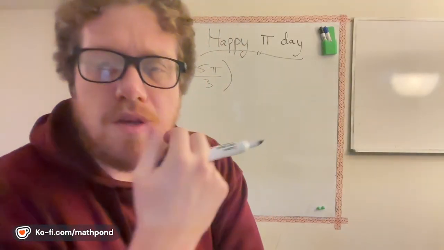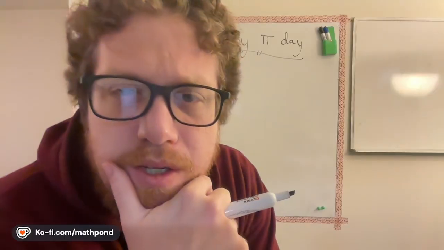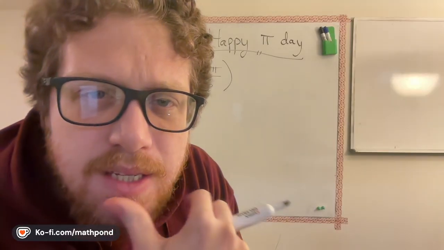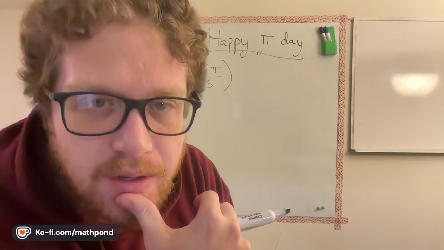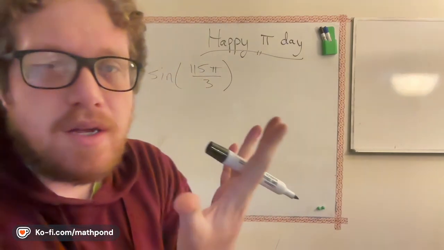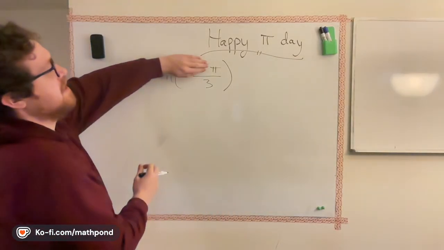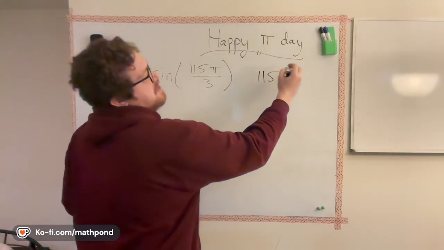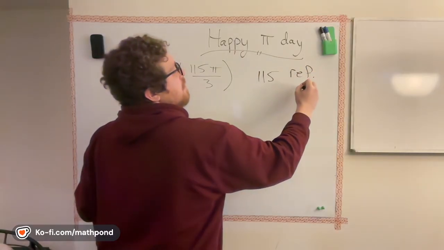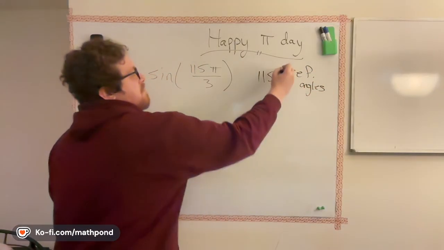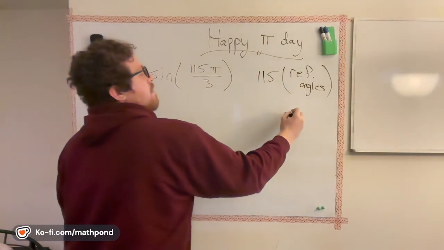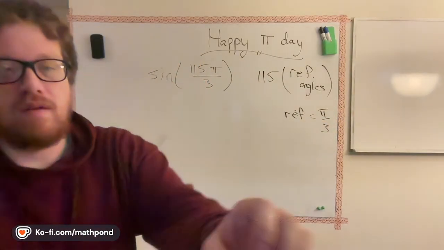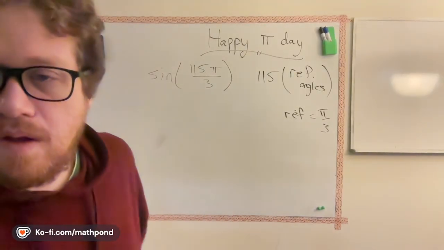Okay, so Jake, in his notes, kind of big, another way to find the equivalent. He says the reference angle is pi over 3. So I'm assuming that's because you're isolating just the fraction, right? So you're saying it's like 115 reference angles, where the reference angle is pi over 3.